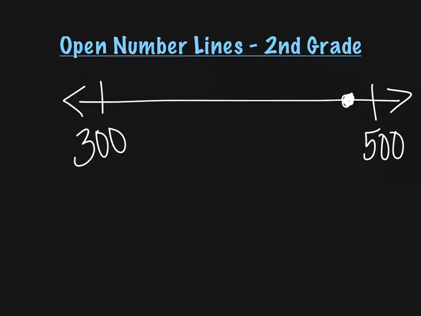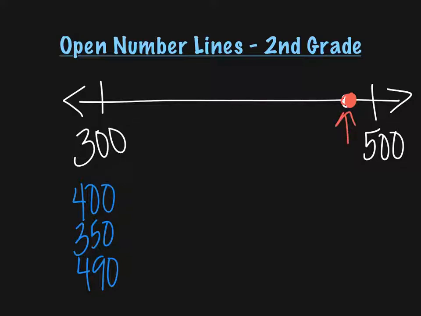And let's say it gave us these numbers to choose from. Which of those numbers, 400, 350, or 490, would be the most reasonable for this dot right there? Which one would I choose? What number does this dot represent?